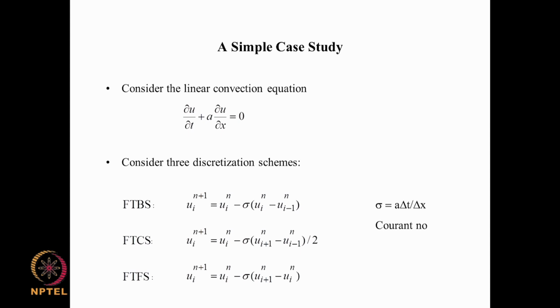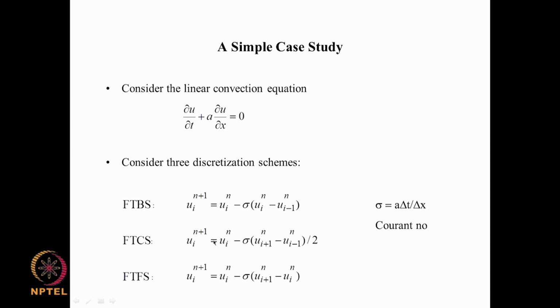Firstly, that the FTBS scheme that we have here, this particular approximation, this particular way of getting u i n plus 1 is such that this scheme approaches the exact solution in the limiting case, because at this stage we only have a proposal for a scheme as to how we can get u i at n plus 1. We have not actually implemented it.